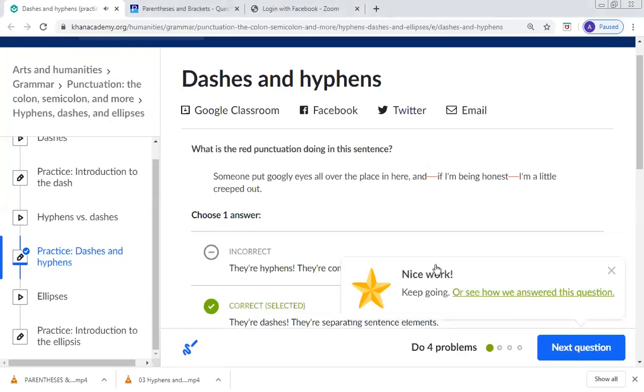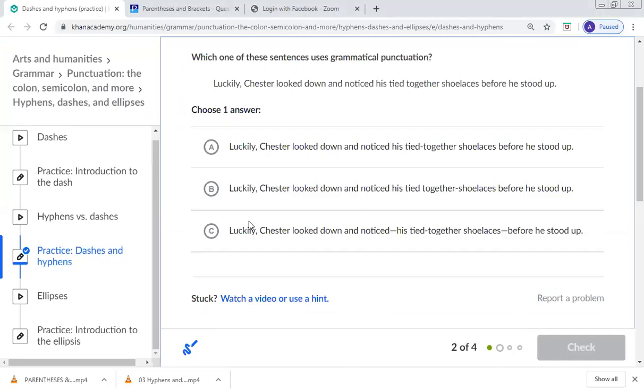Now, what about Mahallawi? Yes. Luckily, Chester looked down and noticed his tied together shoelace before.